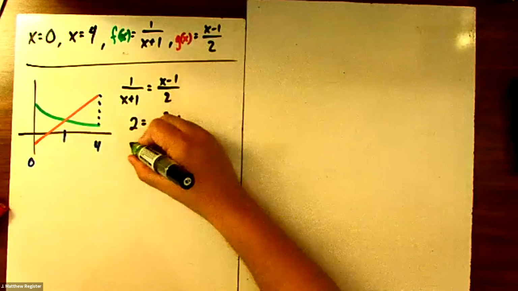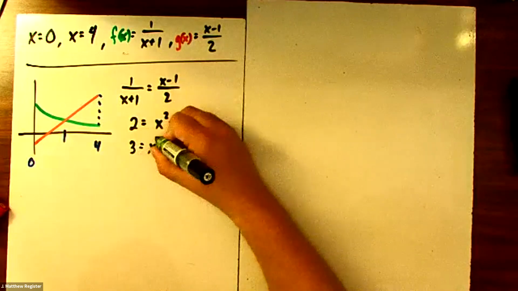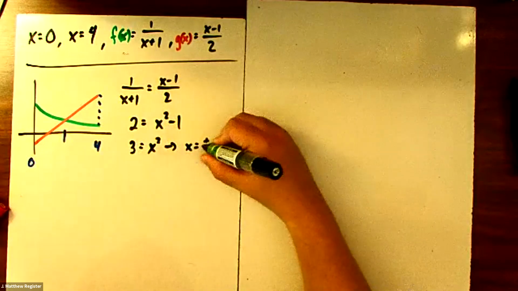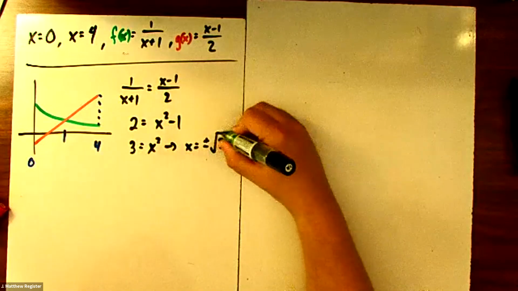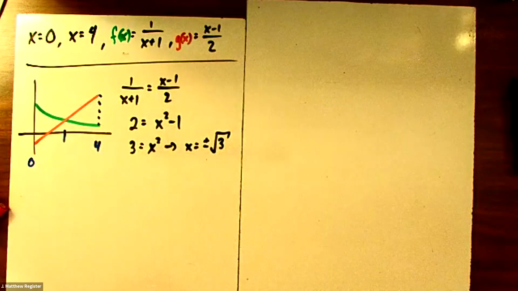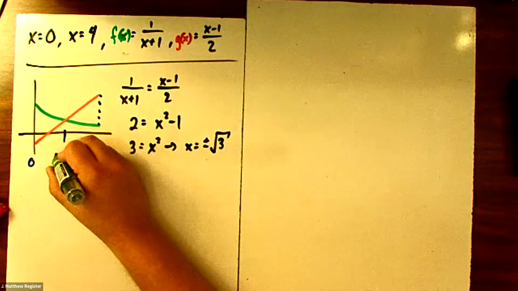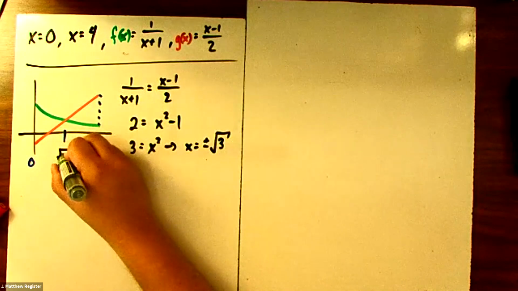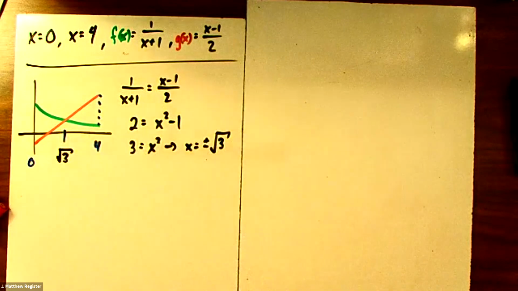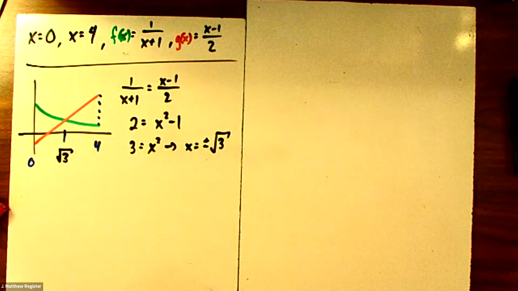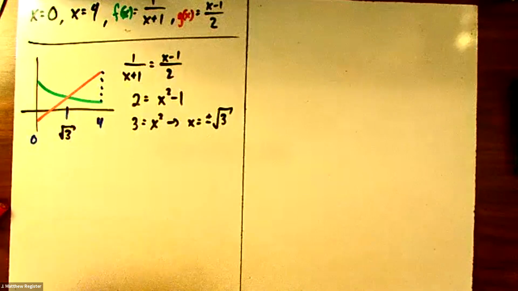Adding the 1 to both sides gives 3 equals x squared, which tells us that x is equal to plus or minus the square root of 3. Since we are just looking at this positive region, that tells us that this spot where they're crossing is going to be when x is equal to the square root of 3. And if you check, the square root of 3 is going to give you that 1.7 number. And so now we have our bounds.